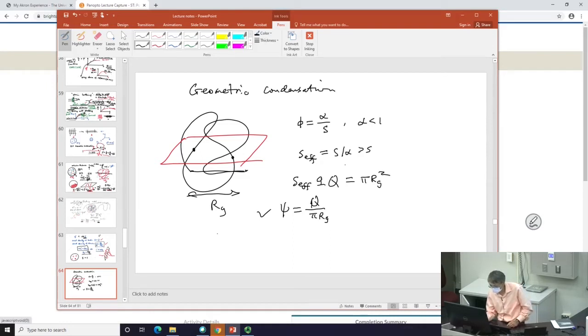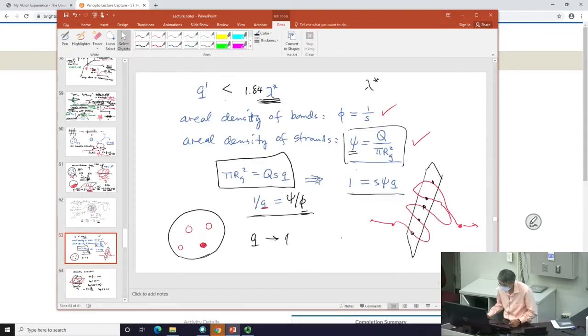And this would mean that the effective S times Q times phi is 1. Which is what we had last time, except I didn't have that modification factor here.